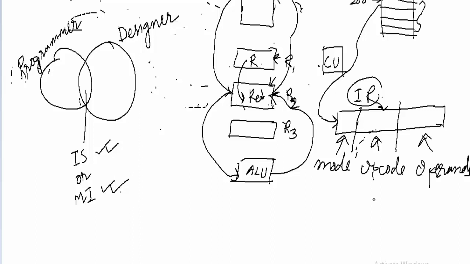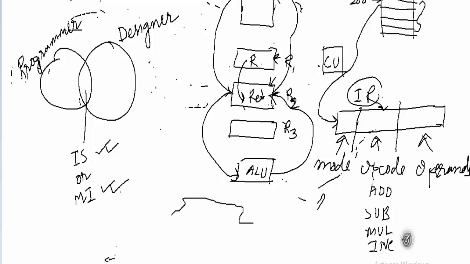The different types of opcode possible are addition, subtraction, multiplication, increment, and many more. So the opcode tells what operation this instruction is going to do, like addition, subtraction, increment or multiplication.